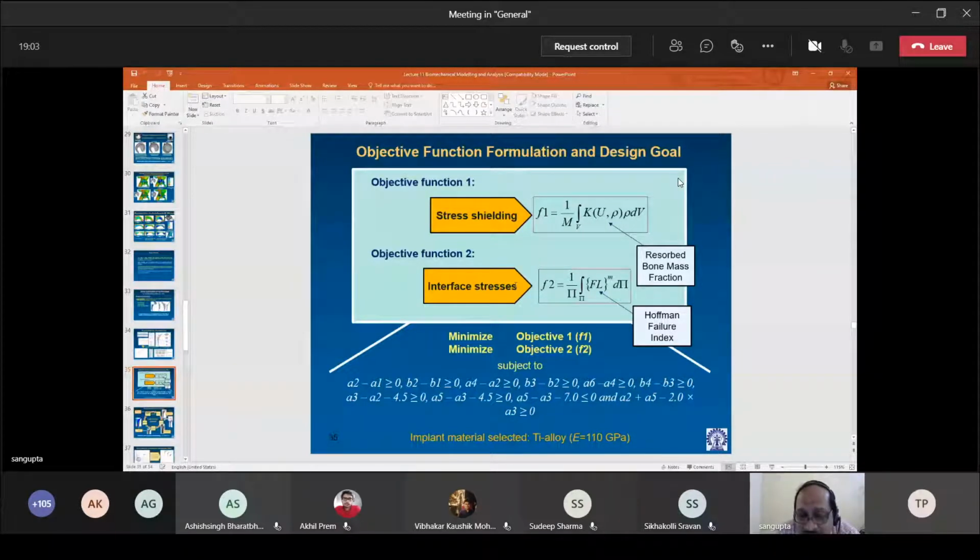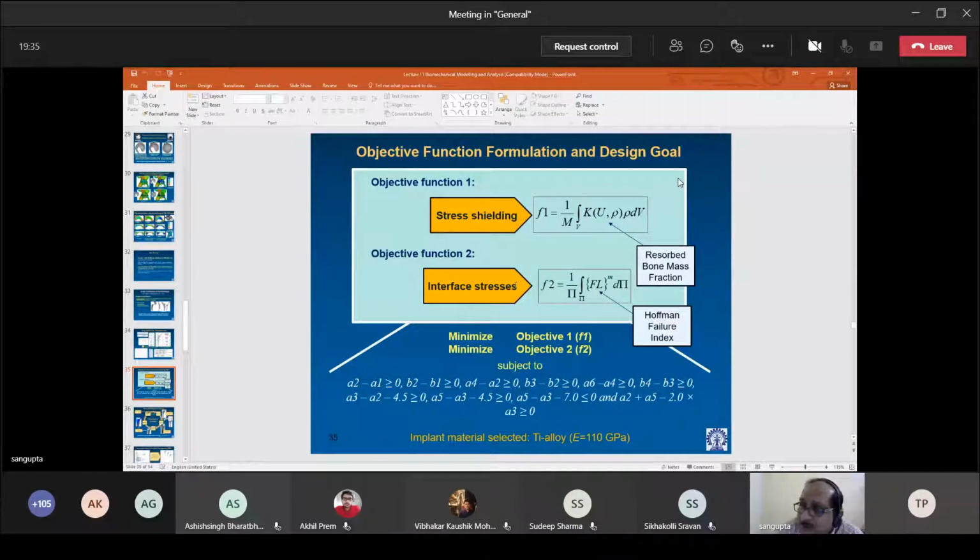Okay, so it is a combined formulation, Hoffman's failure index. We'll do that separately, but it helps us to assess whether or not at any point there would be interface debonding or interface failure due to high stresses as compared to the local strength.